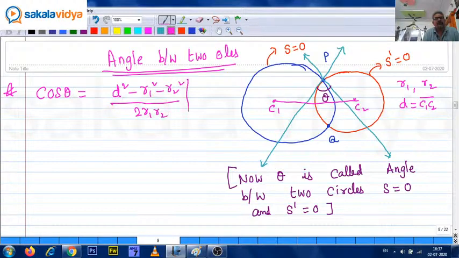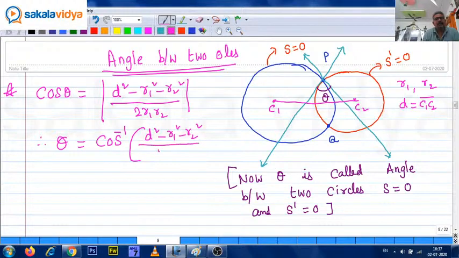This is the formula to find out angle between the two circles. Otherwise you can say theta is equal to cos inverse of D square minus R1 square minus R2 square upon 2 R1 R2. This is the modulus of this one. So this is the formula to find out angle between the circles.